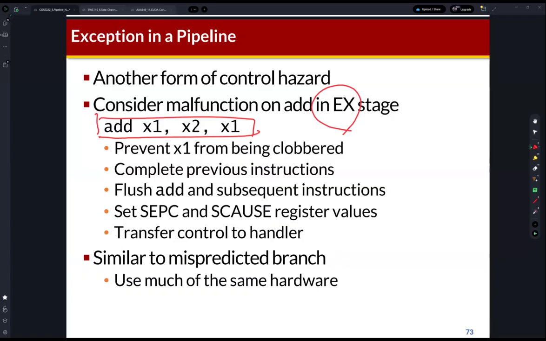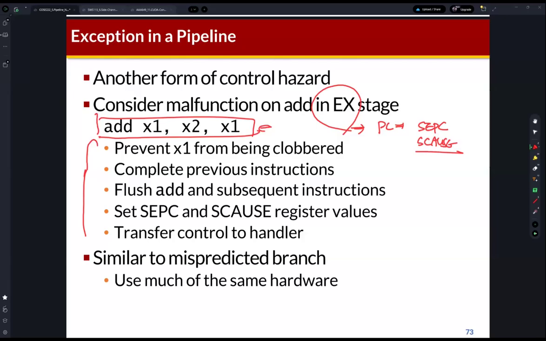As I mentioned, we need to store the PC of this instruction in the SEPC, and the cause of the exception is stored in the SCAUSE. And then the exception handler needs to be called.